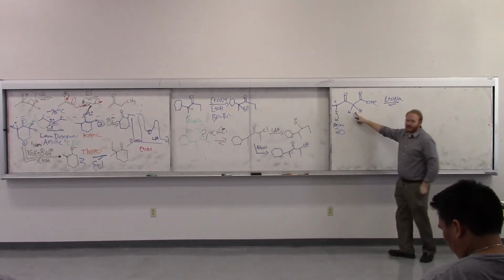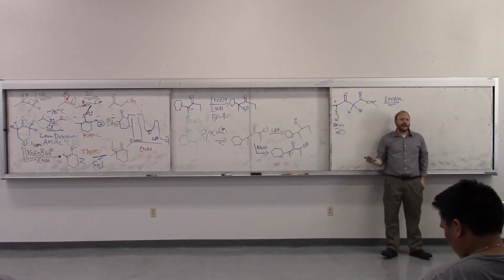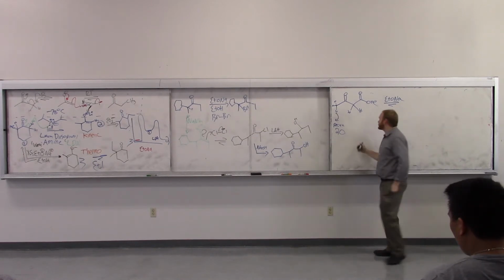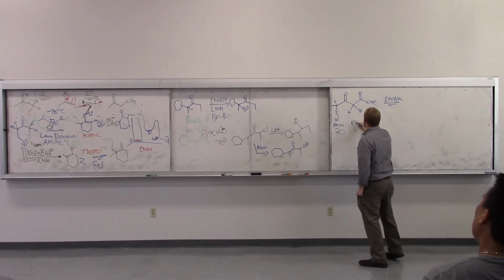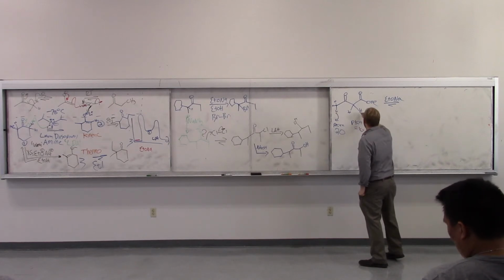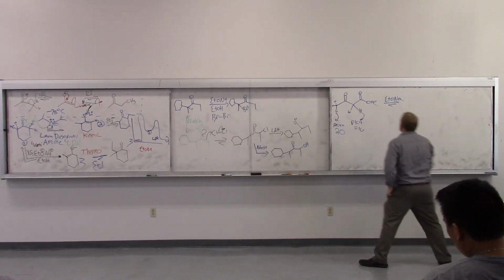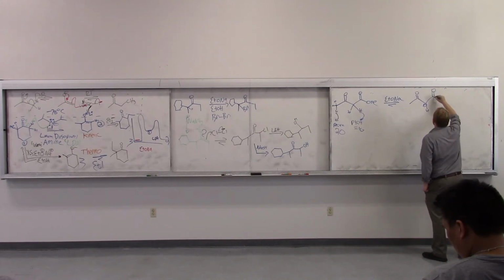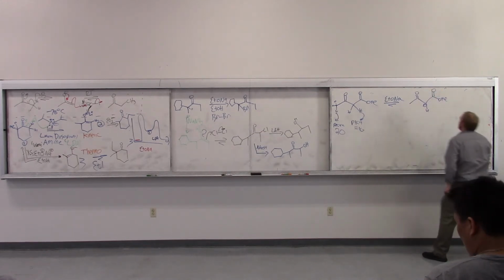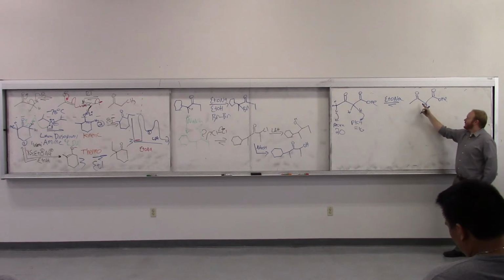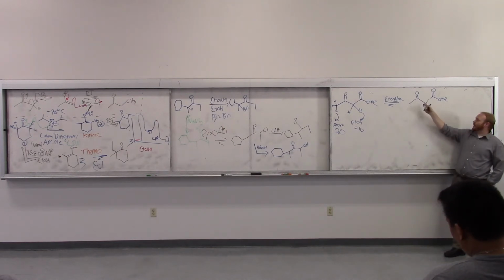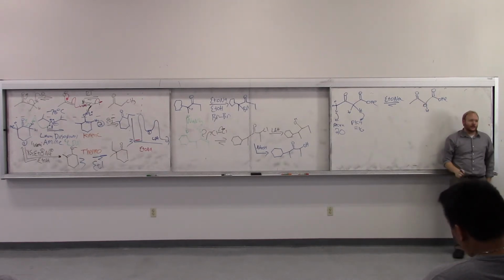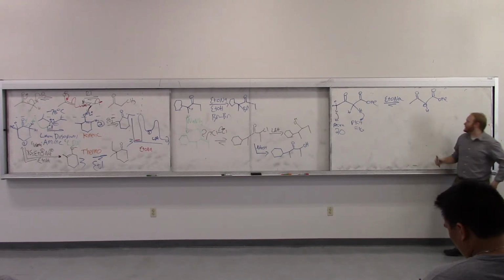But this hydrogen has a pKa of 10. And that's because the resulting minus charge can resonate into this carbonyl, and it can resonate into this carbonyl. So we have twice as much resonance.